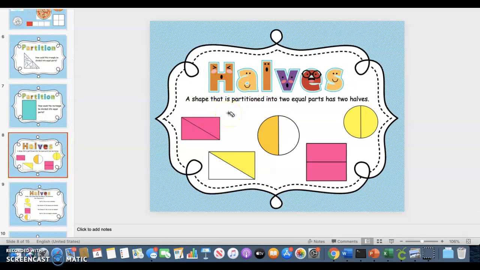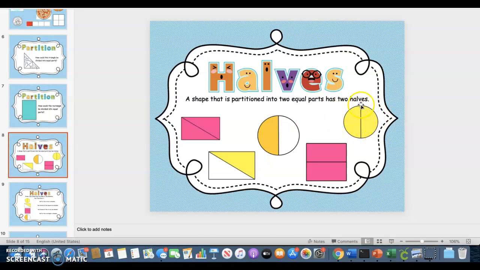So remember, when we say halves, we're talking about a shape that is partitioned into 2 equal parts. 2 equal parts put together make a whole. So we've got one whole rectangle right here, and we have 2 halves shaded. Now we have a circle, but only 1/2 of this circle is shaded.